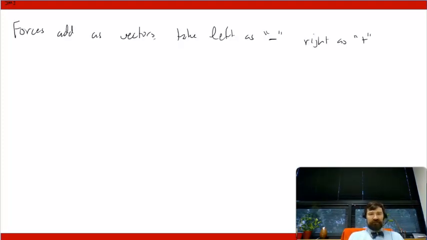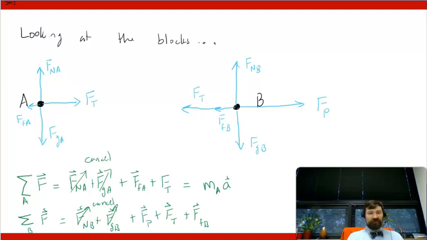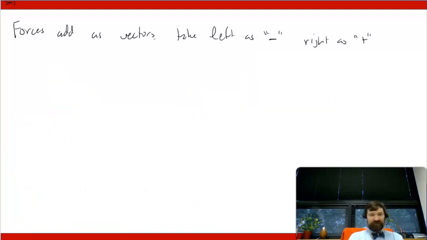Okay, so how do we add these forces? Well, they have to add as vectors, so we set up the direction: up is positive, down is negative, but we already canceled all the vertical forces. Left is negative, right is positive. So on A, we have Ft minus force of friction on A is mass of A times acceleration of A. Presumably it's accelerating to the right since we established that earlier in the problem.